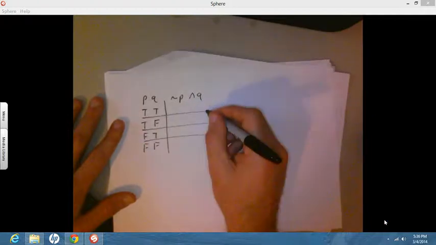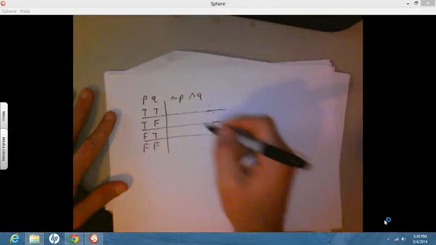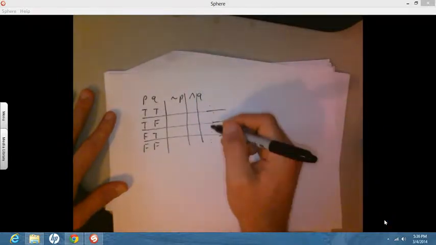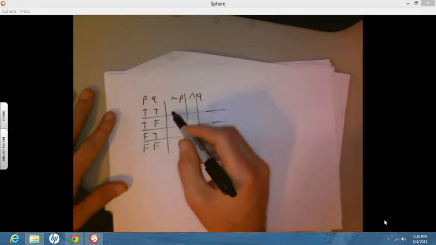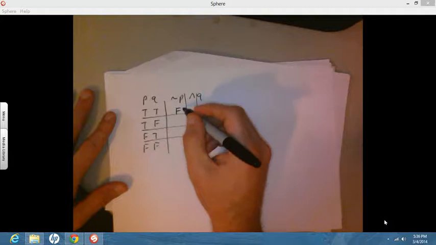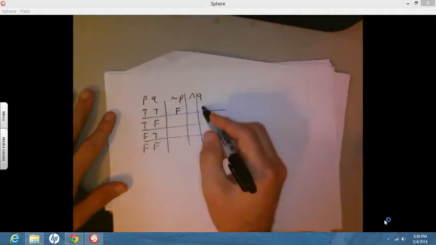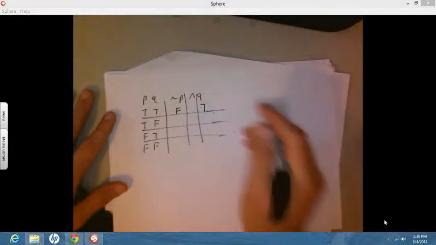And to do that, I'm going to fill in my table. If P is true, then negation of P, or not P, is going to be false. If Q is true, then Q is going to be true. Right? Now, I have a false and a true.